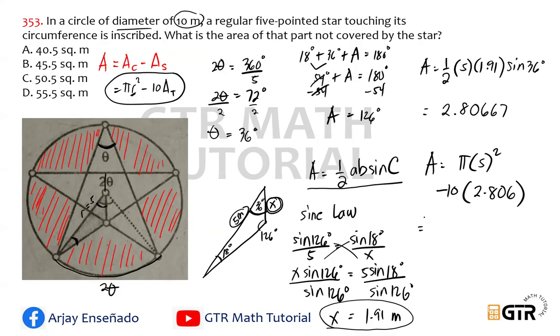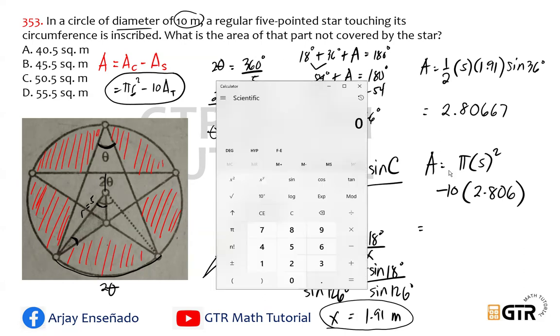In our calculator, pi times 5 squared, so that is 25 pi. So 25 times pi, press the equal sign, and then subtract the quantity 10 times 2.806.